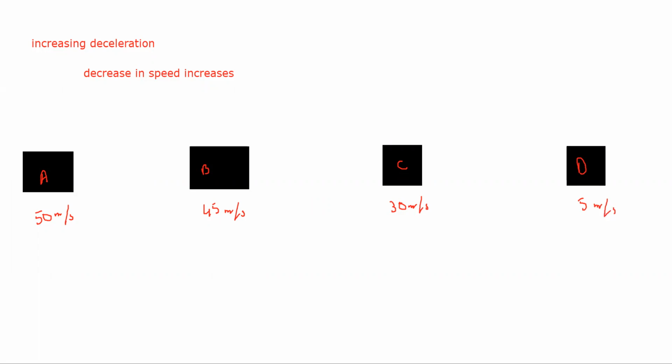What is the change from A to B, from B to C, and from C to D? From A to B, the change is 5 meters per second square. From B to C, it is 15 meters per second square. From C to D, it is 25 meters per second square.